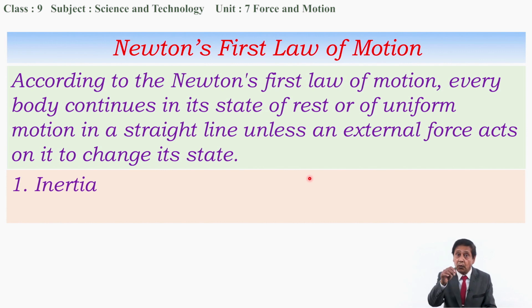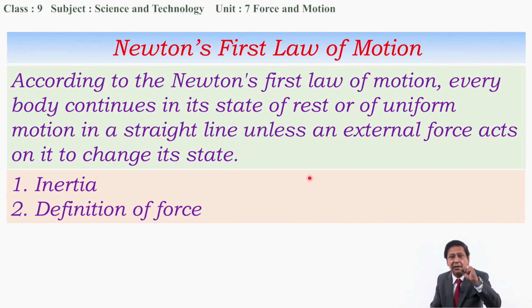It means force is an agent which can change the state of rest or motion of the body. It means Newton's first law of motion gives us the definition of force. The second part of this law gives the definition of force. This way, we have to understand this clearly. Newton's first law of motion gives us inertia, and it says the definition of force also.